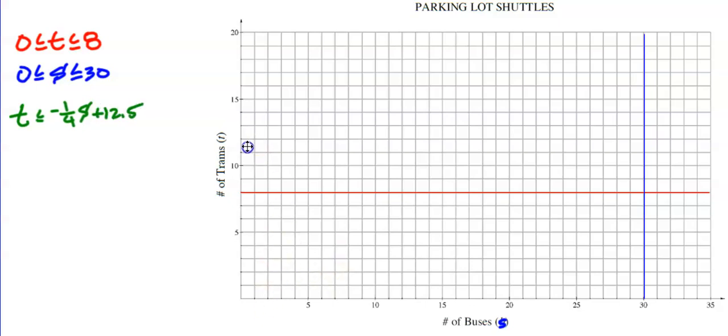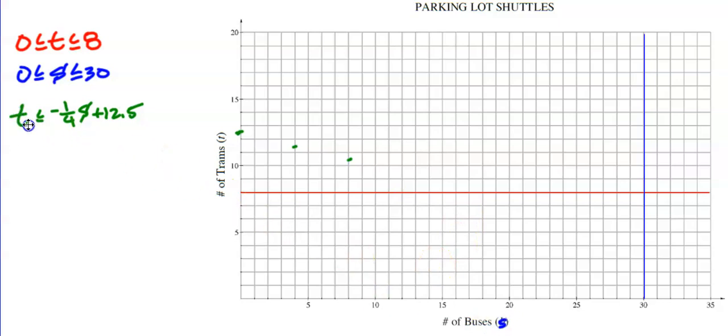That means it starts at 12.5, which is here, and it goes down 1 every 4. So if we double this, down 1 over 4: 1, 2, 3, 4. So it's going to be like that. Down 1 over 4, right there. So that's the tram line.